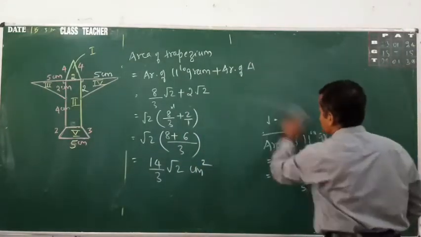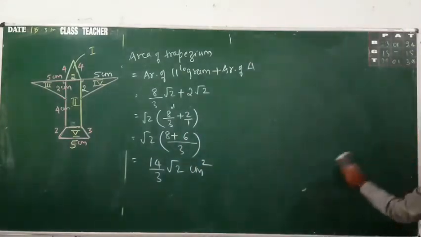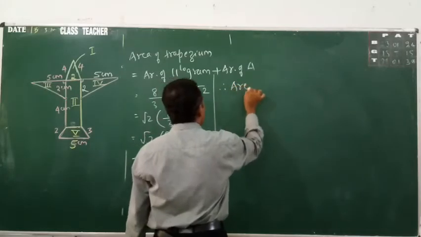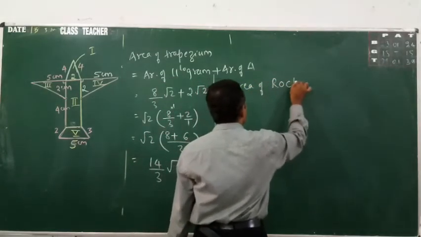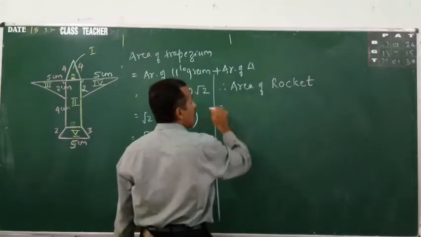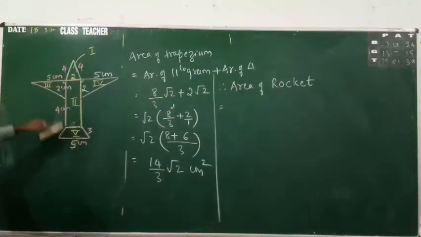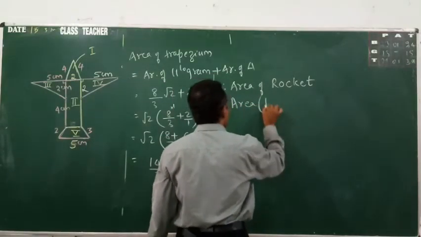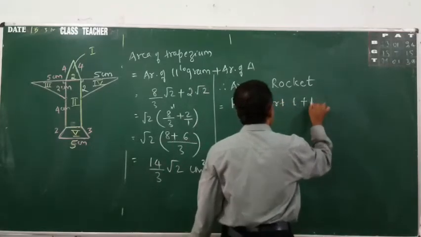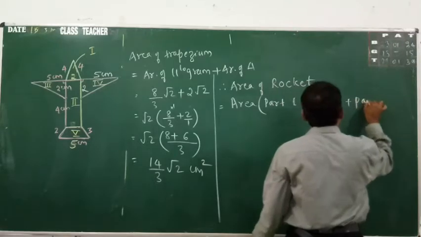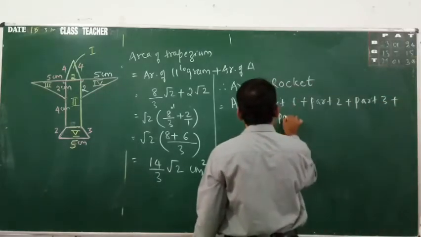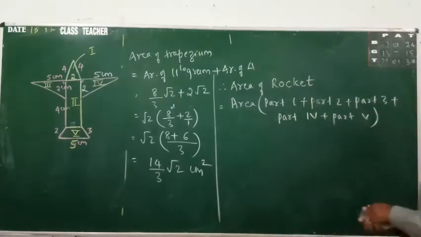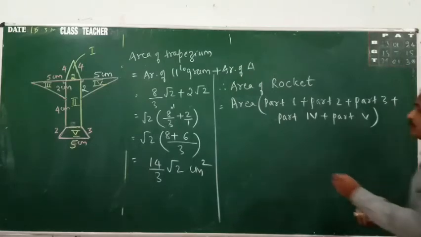Now my work is to find the area of the entire rocket. Therefore, area of rocket is equal to the addition of all the 5 parts: area of part 1 plus part 2 plus part 3 plus part 4 plus part 5.